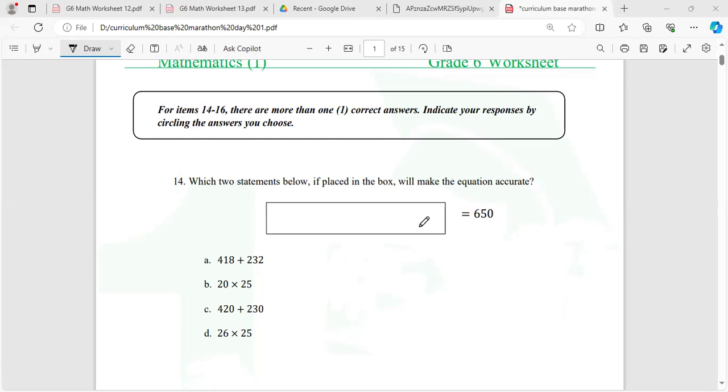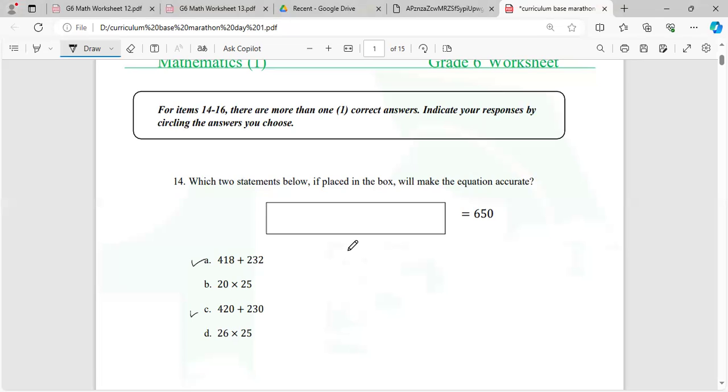My answers are A and C. The reason is that the numbers that you add or multiply or subtract have to equal 650.